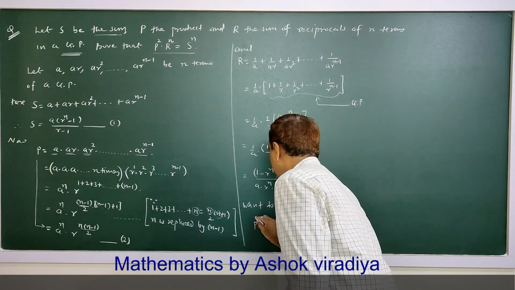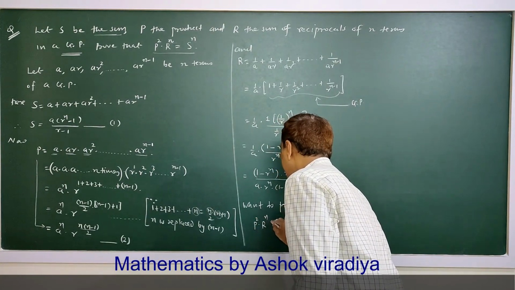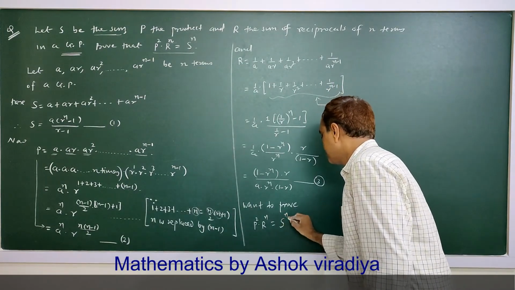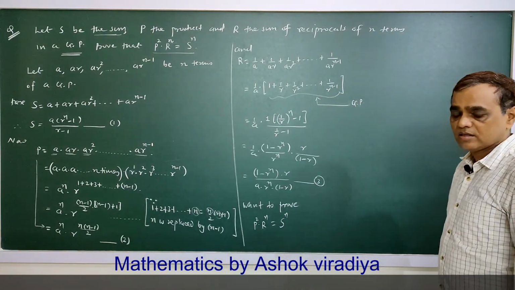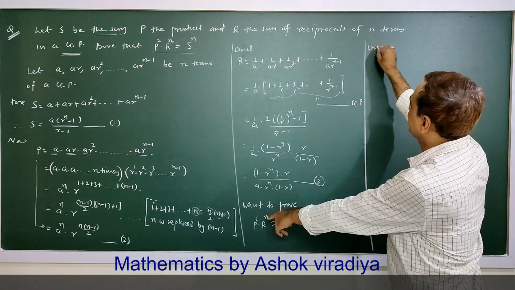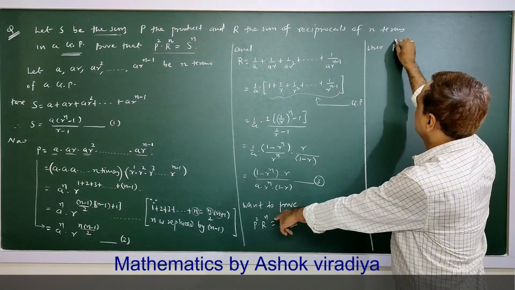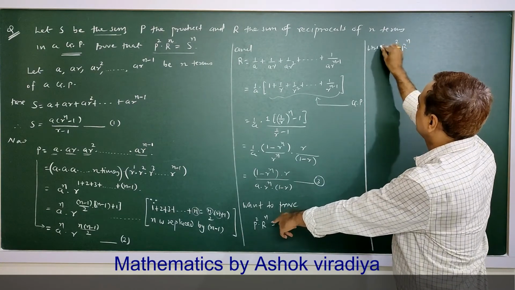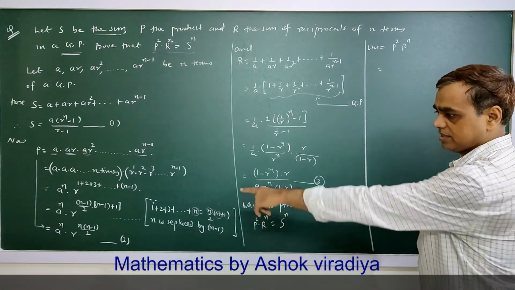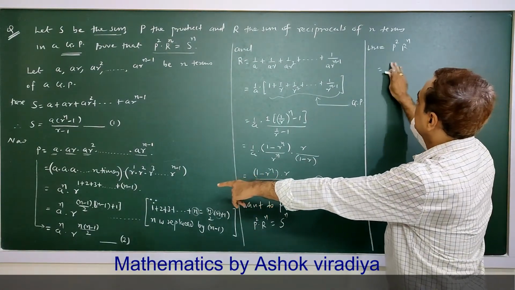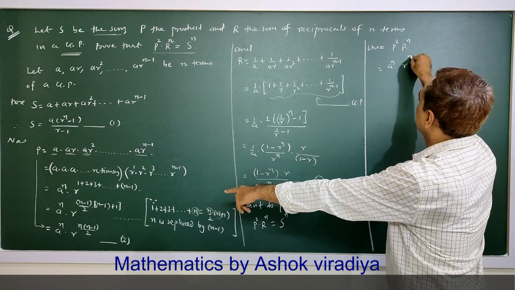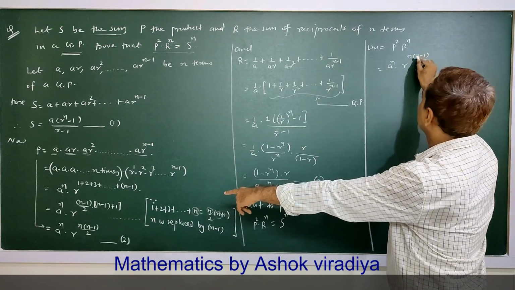So putting values in the left hand side, the left hand side is P square into R raised to n. What is P? P is a raised to n into r raised to n into n minus 1 by 2.